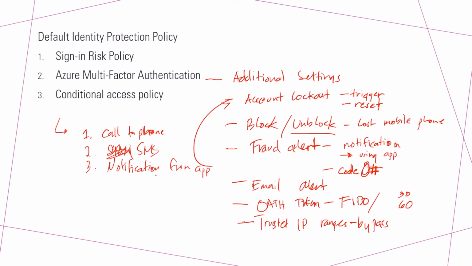So when you do have this Microsoft Authenticator app installed on your device, when you sign in, you'll get a notification to approve or deny that login. Lastly, you do have this verification code where you can get actually on the USB dongle or from the application itself.